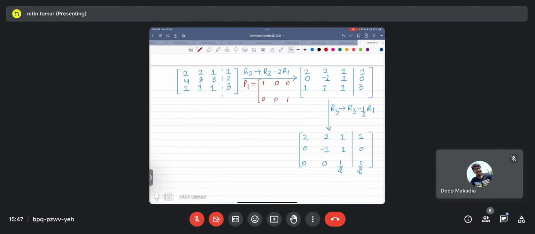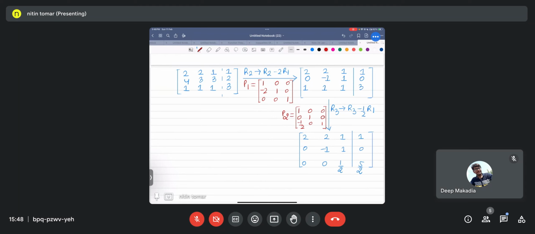Minus 2, 1, 0. And the third row, 0, 0, 1. Okay. And here your P2 will be 1, 0, 0, 0, 1, 0, because only the third row is changing: minus half, 0, 1.